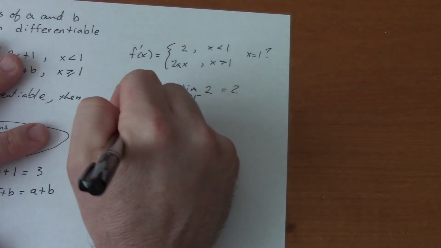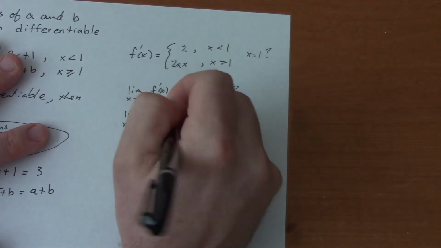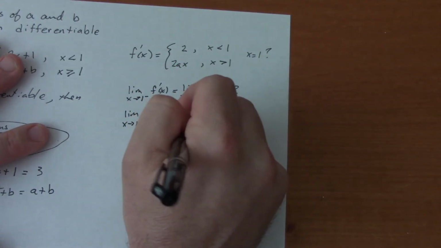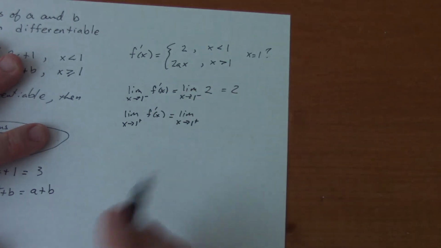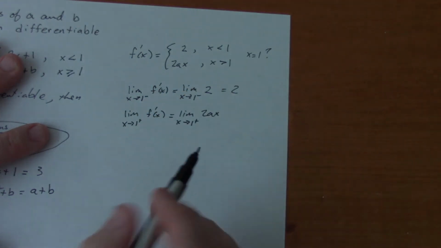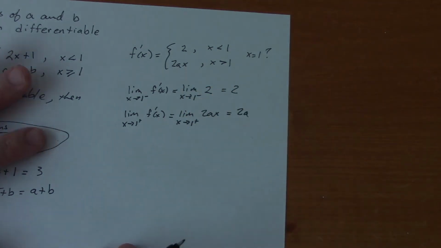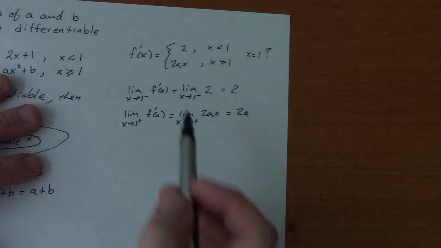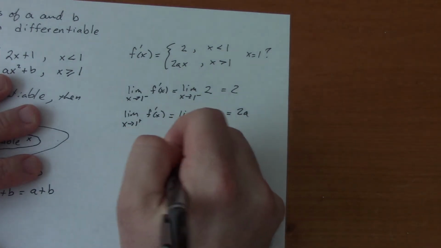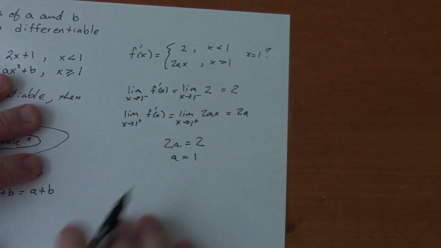And the limit as x approaches 1 from the right of f prime is the limit as x approaches 1 from the right of 2ax. And we plug 1 into that, we're just going to get 2a. So those have to be equal for the function to be differentiable. So 2a has to equal 2, so that means a is 1.